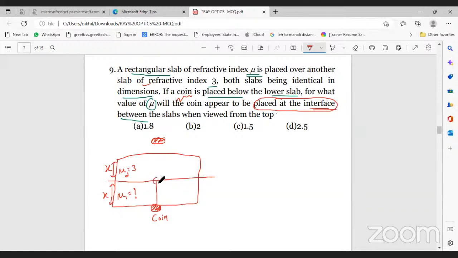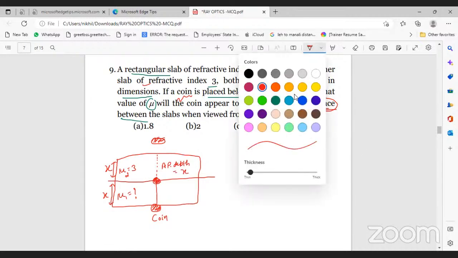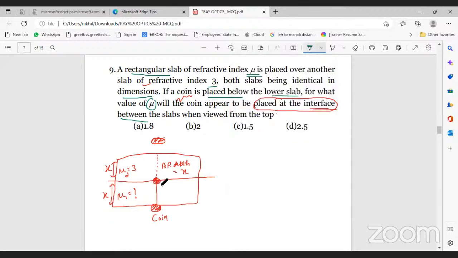So this is the image of that, right? This is called apparent depth. This apparent depth is also equal to x, if the image is formed here. The apparent depth should be equal to x.